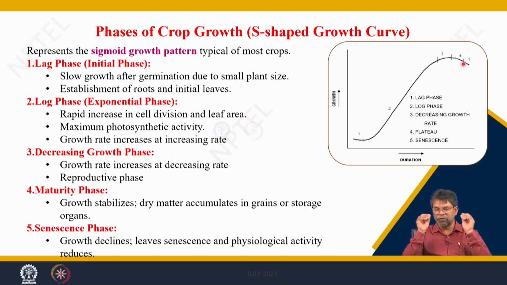That talks about the input. If I discuss input management, which stage is very critical? Very clearly, when there is a peak growth, starting at the end of growth phase 1, the lag phase, this is the very critical stage for input management. The crop should not suffer from any type of water stress or nutrient stress at this stage, to maximize production.